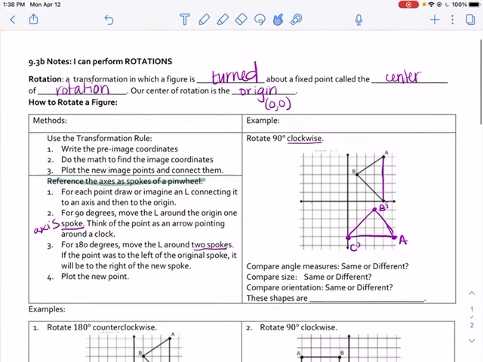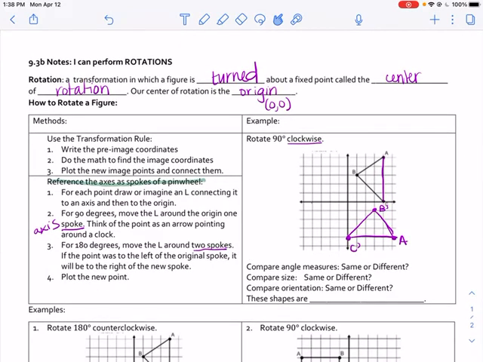So we did all that. Now let's think about what happens between these two triangles. Their angle measures. When I look at A, is it the same measure as A prime, which I didn't label correctly? That one's too hard to tell. I didn't do that one very well. If I look at B, is it the same angle measure? I think so.